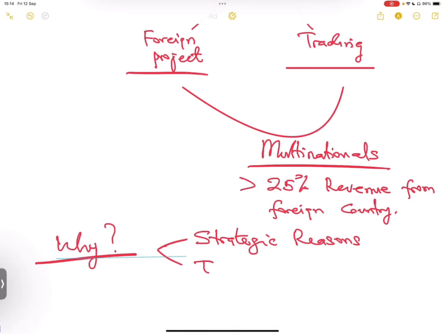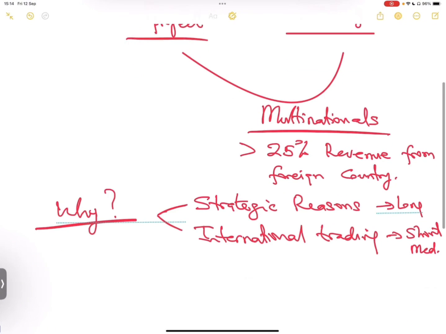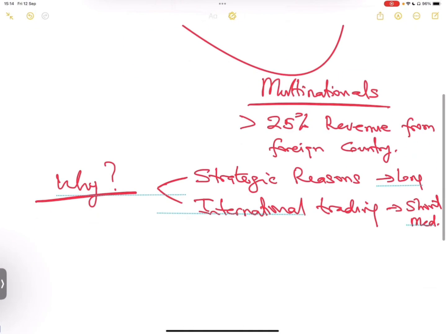Or it might just be for international trading, and this is where they want to just make profit on the short term. This is on the long term, and this is on a short to medium term. This is the reason why they get involved in foreign operations, why they become multinationals.